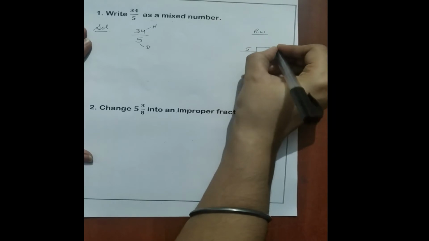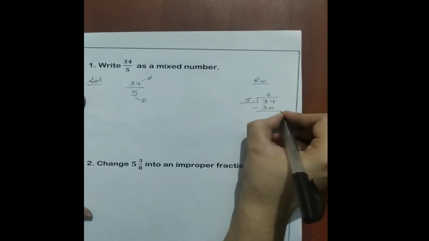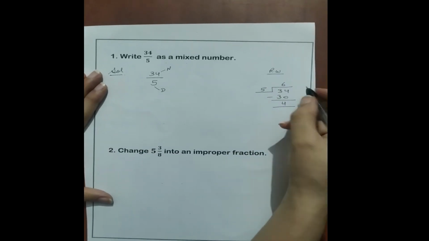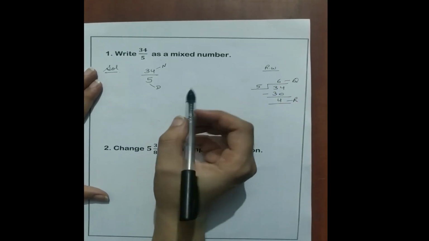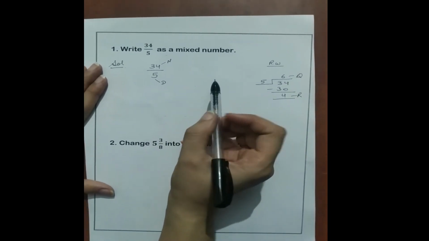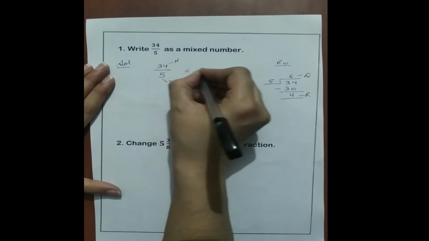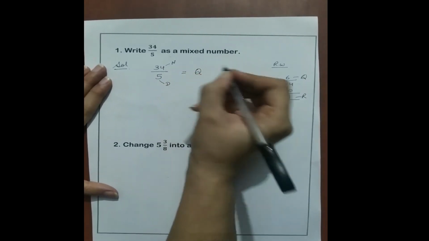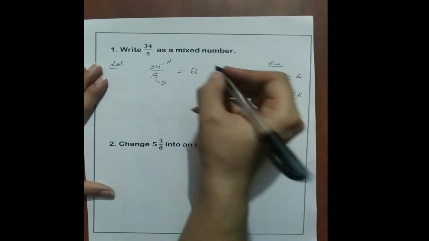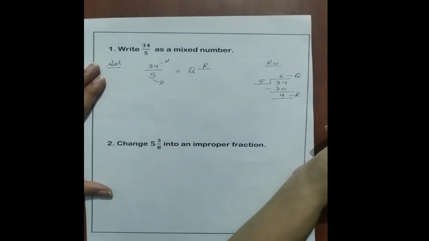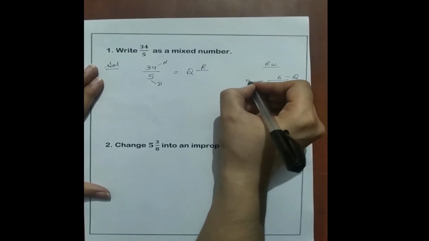5 into 34, 5 sixes are 30. You will get 4 as a remainder. Now the second step is, write the quotient as the whole number, the remainder as the numerator and the divisor as the denominator.